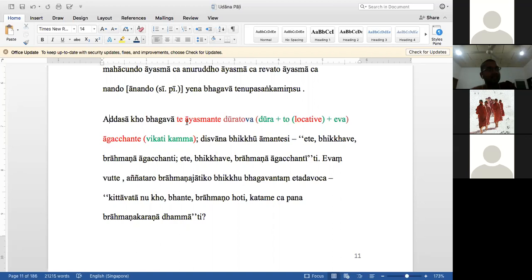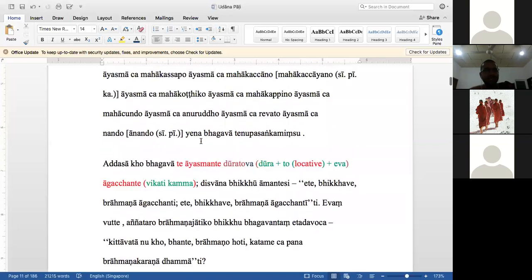So in the second sentence, there's no subject, so we have to bring a subject from the previous sentence: Bhagavā disvāna te bhikkhū disvāna āmantesi. We don't have the subject or the object here, because the subject and object are identical with those of addasa, so there's no need to mention them.